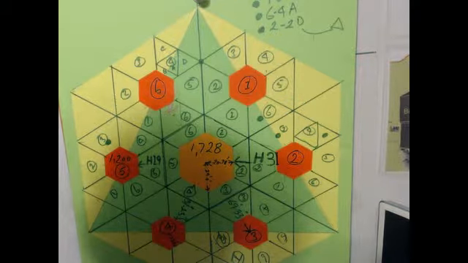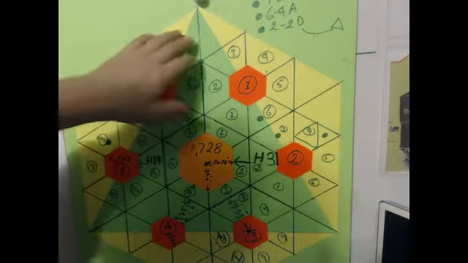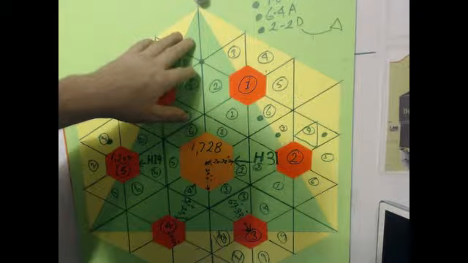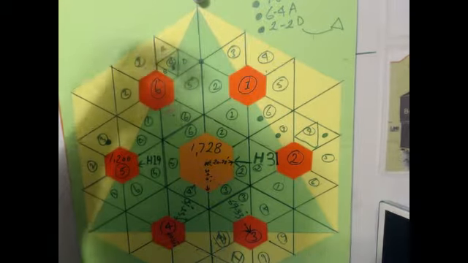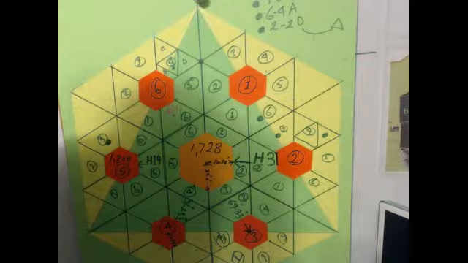I might have hit a wrong button. 43,560 divided by 9 is 4,840, divided by 6 is 806.66. So each one of these is 806.66 square feet. I'm not sure what the square root of that would be.